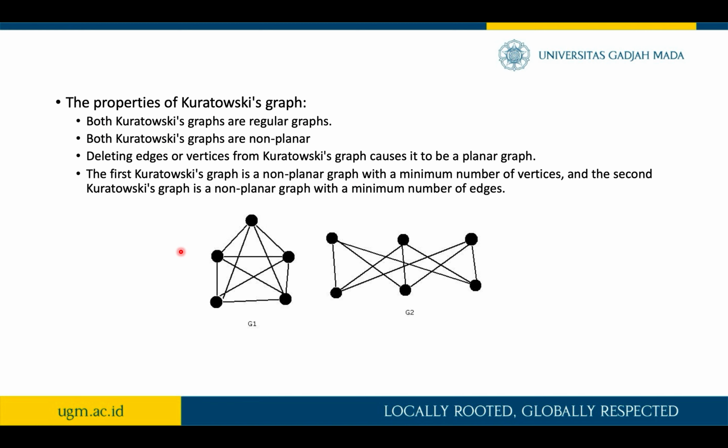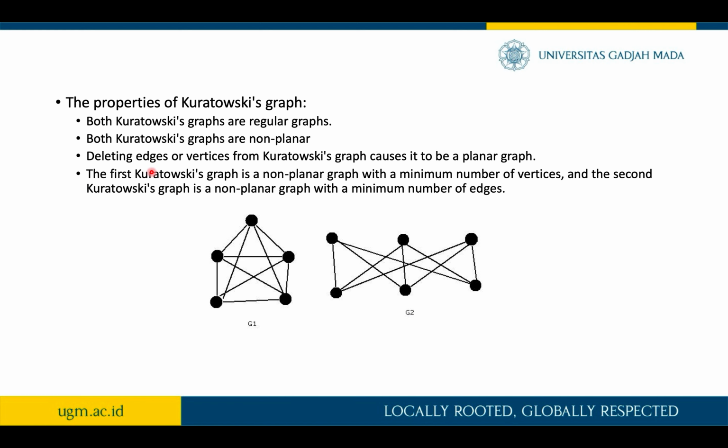These are the properties of Kuratowski graphs. Both are regular graphs, as we saw here. K5 and K33 are regular graphs, and both are non-planar. We cannot draw K5 and K33 without intersection of the edges.